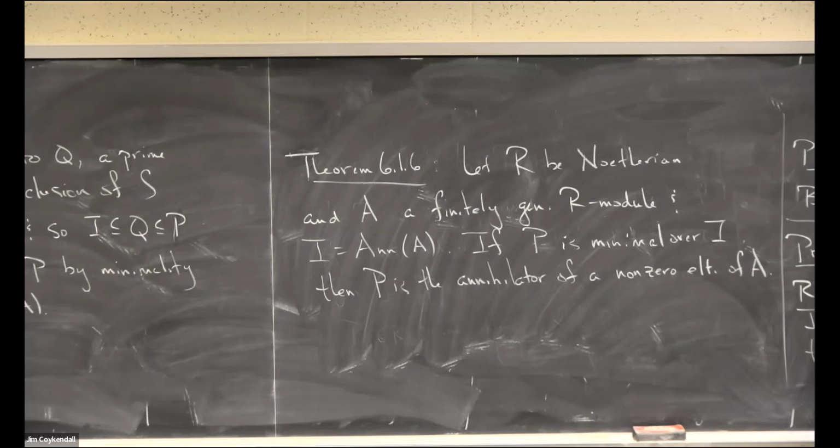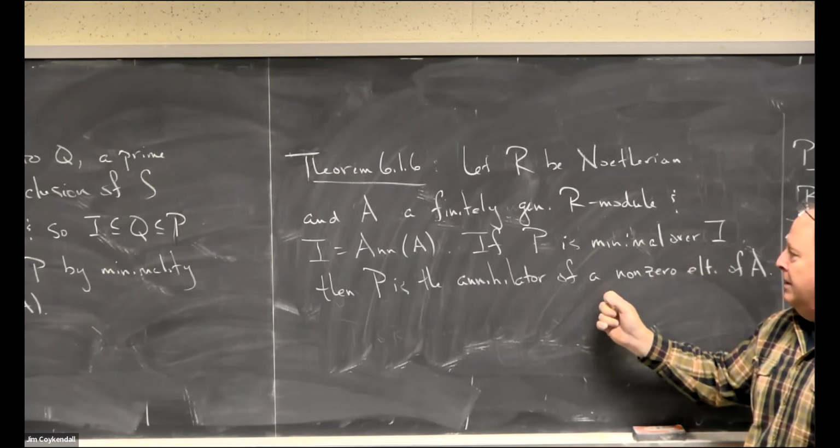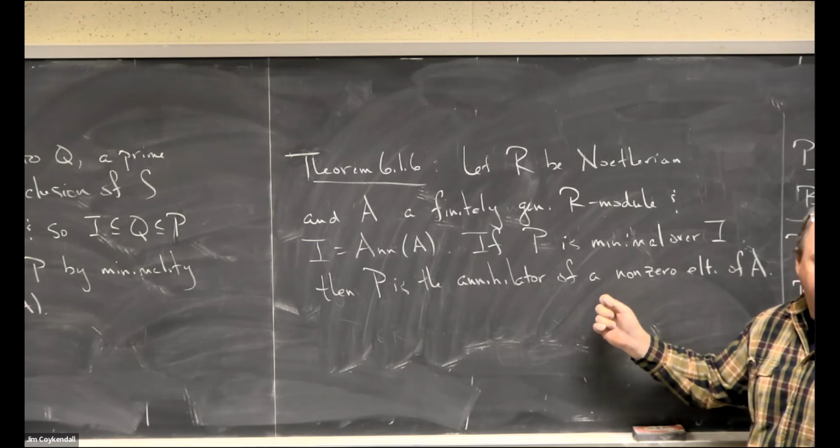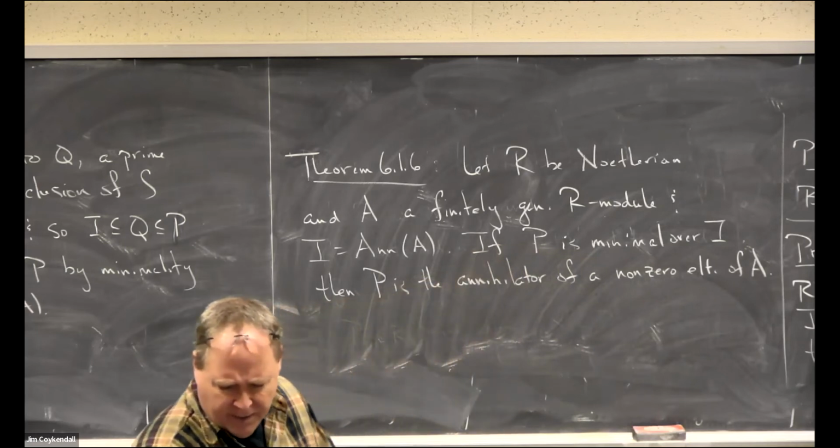Notice that as you grow that ideal to a larger ideal, it may stop annihilating some elements of A. So I annihilates everything in A, and when you grow it bigger, there's stuff that drops out of A that's no longer being annihilated. If P is a minimal prime over this, then it turns out that P is actually the annihilator of some single non-zero element in A, right? And that's what we're going for here.